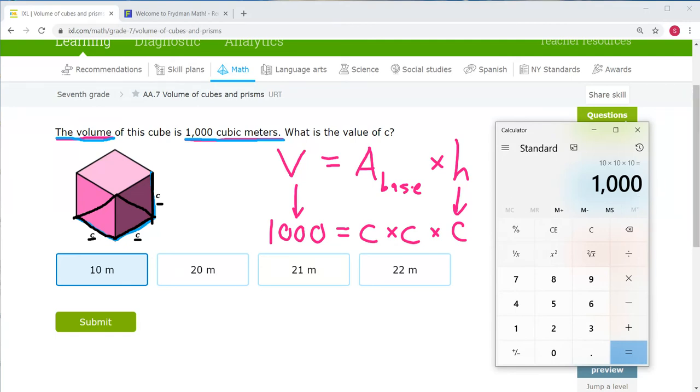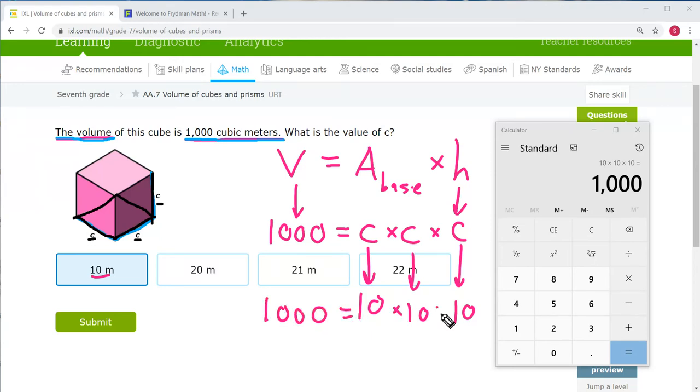So if all of these over here are equal to 10, then we would end up getting that 10 times 10 times 10 is 1,000, right?